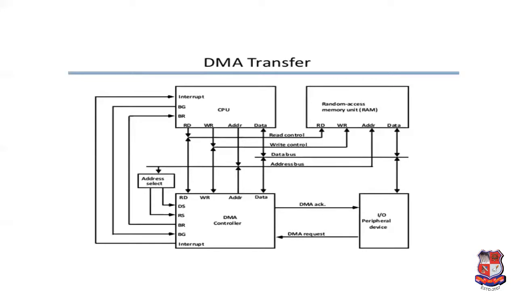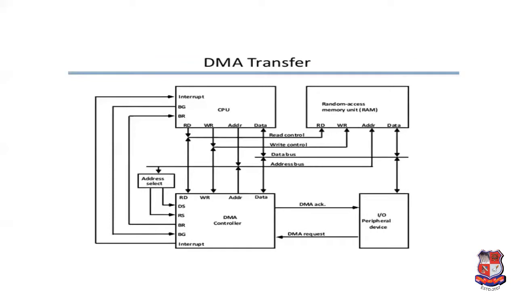Also, the IO peripheral devices are connected to the random access memory and work as an interface between the DMA controller and the random access memory unit. The main CPU and the RAM are connected via read control, write control, data bus and address bus.